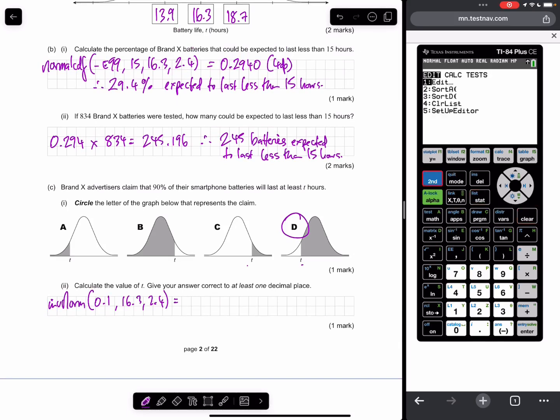This is a new calculator here, so I want to show both ways. The older calculators do not allow you to set the tail direction. It's always to the left, so you would be stuck with going 0.1, 16.3, 2.4, tail left.